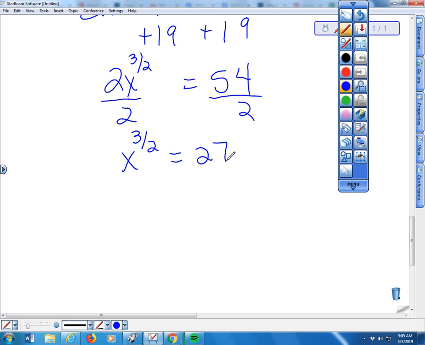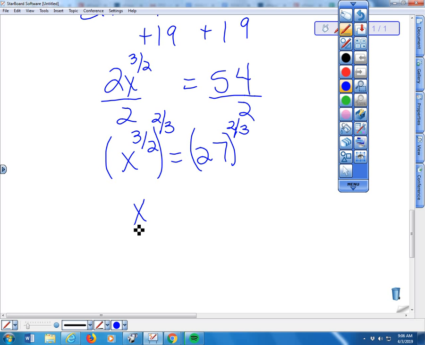Now, to undo the 3/2, I just have to raise it to the reciprocal. Just like to undo the 1/2, I raised it to 2, which is the reciprocal of 1/2. So to undo this, I'm going to raise this to the 2/3. 3/2 times 2/3 is just 1. So I have x on the left.